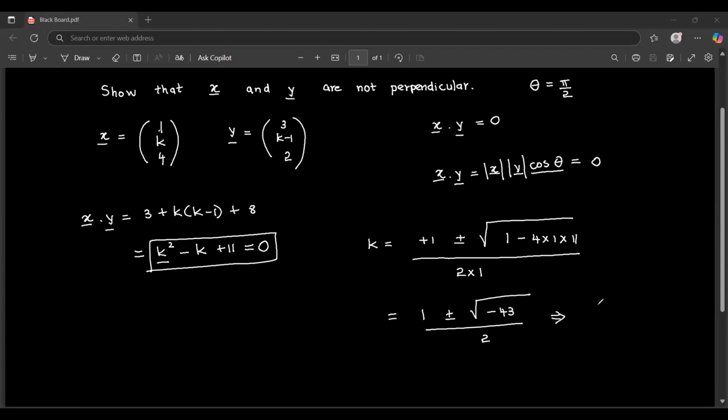This implies k has no real values, which means since there are no real values, we can say x and y are not perpendicular to each other.